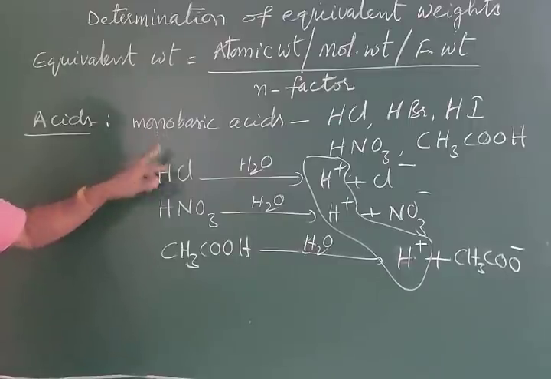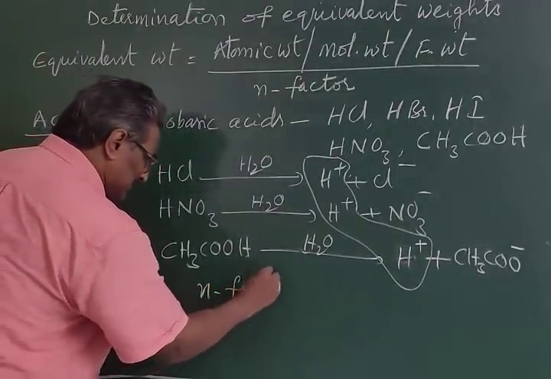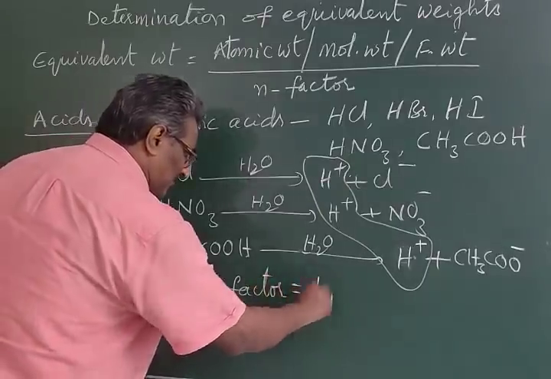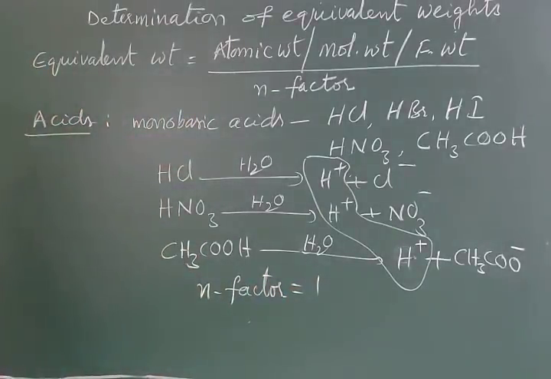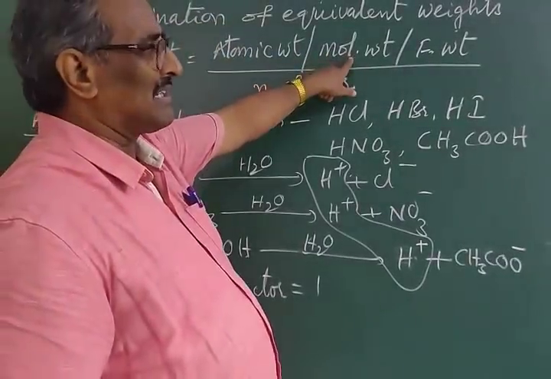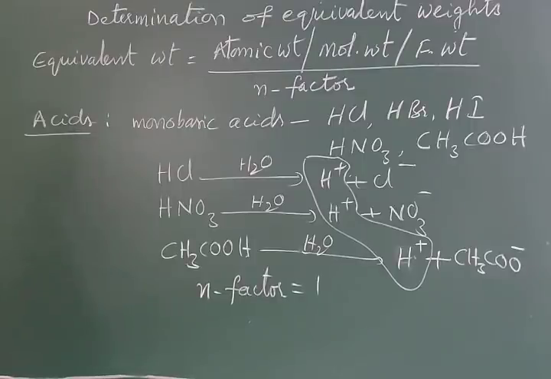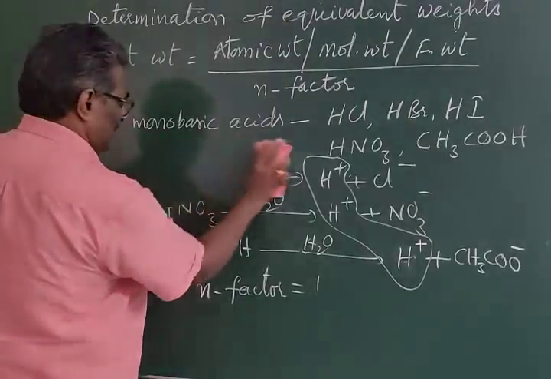For all the monobasic acids, N factor is 1. So what would be the equivalent weight? The molecular weight by N factor, that is equal to molecular weight by 1.